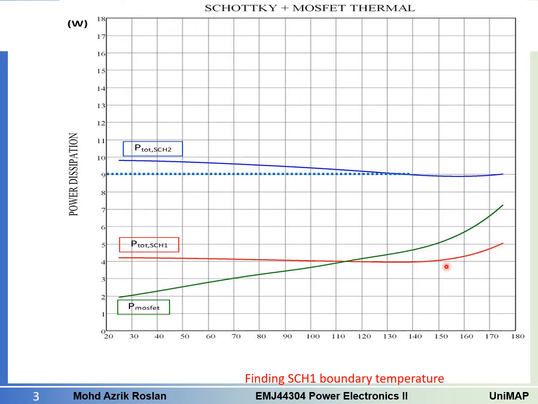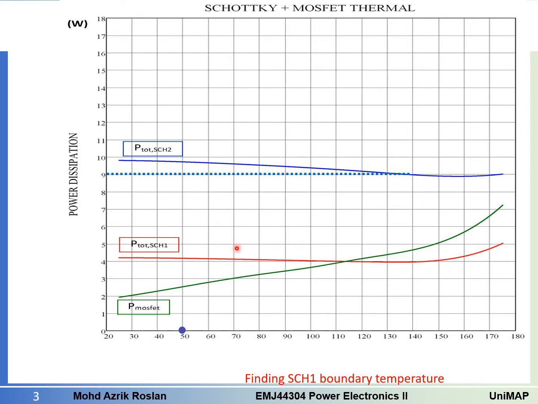We have to determine the boundary temperature of this component first, because we can see that this component has the uptrend curve earlier at this point compared to the other two curves. So we have to select Schottky 1 as a starting point.